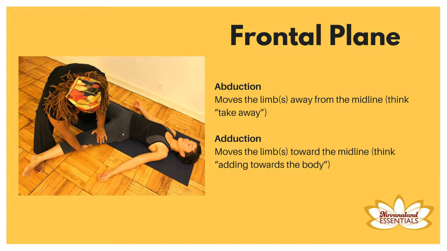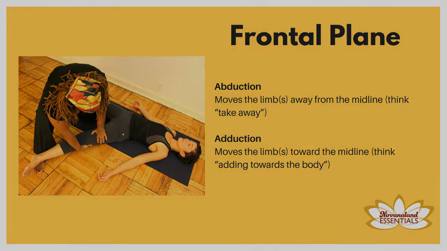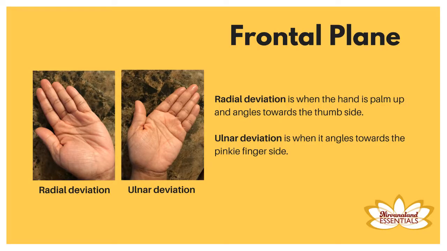Adduction is the opposite. It moves the limbs towards the midline of the body. So for example, after I finished doing this particular technique, I would use adduction to replace the leg towards the midline of the body.